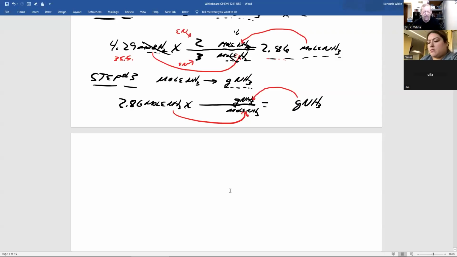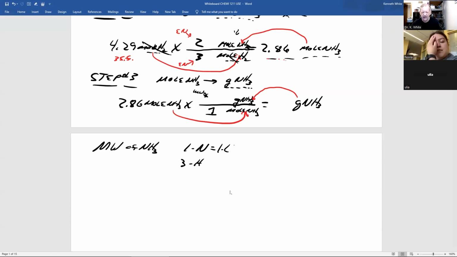And remember, 1 mole of a compound equals its molecular weight in grams. So I now need the molecular weight of ammonia. That's 1 nitrogen and 3 hydrogen.